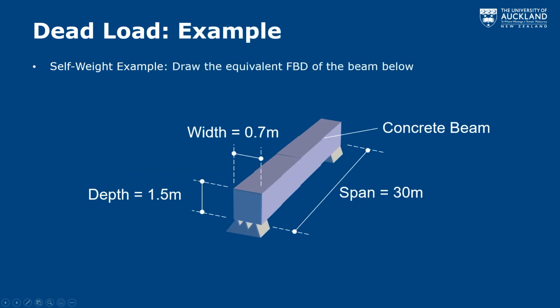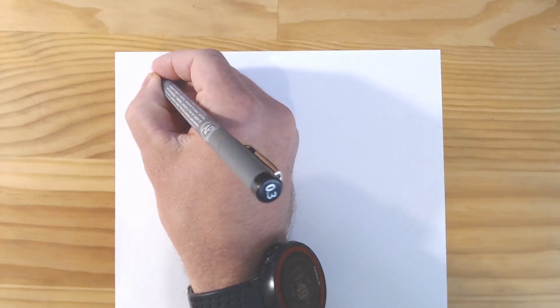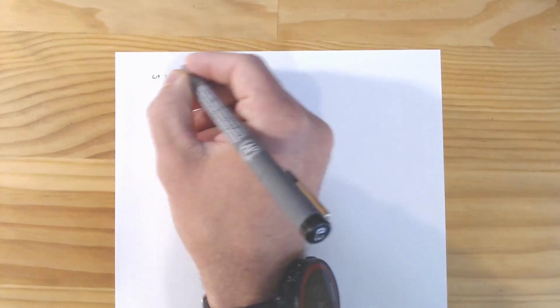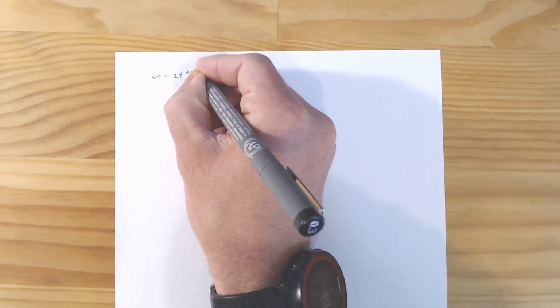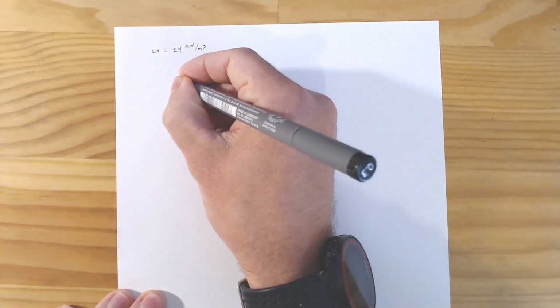With that, let's just switch over to our document camera here, and let's draw this out. So we've got a specific weight, which is going to be 24 kilonewtons per meter cubed. And we've got our little concrete section here.